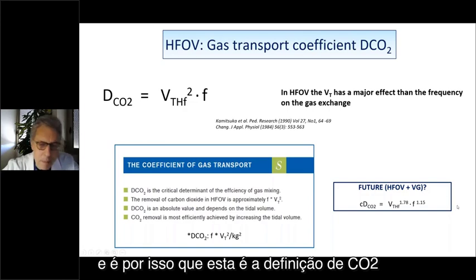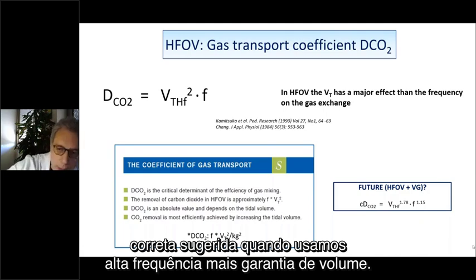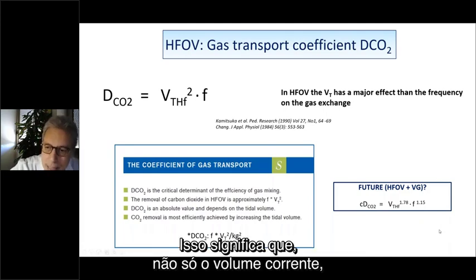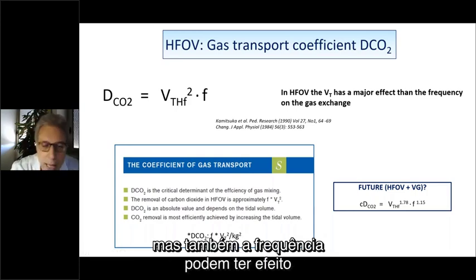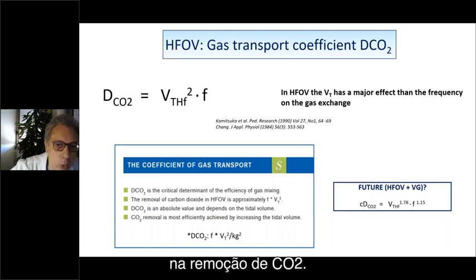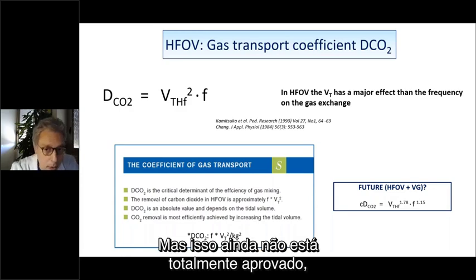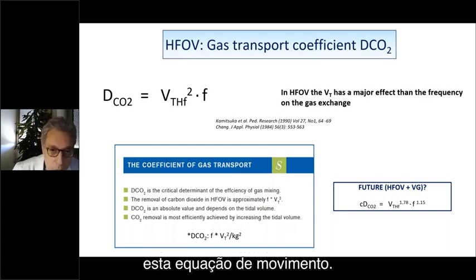This is the suggested definition of DCO2 when we use high frequency plus volume guarantee. It means that not only the tidal volume, but also the frequency could have an effect on the CO2 removal. But this equation of motion is not yet completely approved.